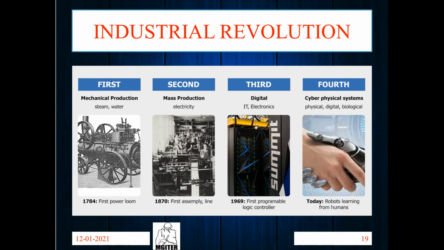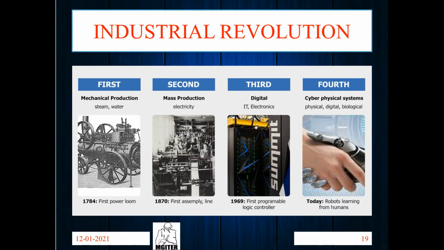In the second industrial revolution we use electricity for mass production in industry. In the third industrial revolution, we use IT and electronics in industry for working. And in the fourth, we use robotics and artificial intelligence.